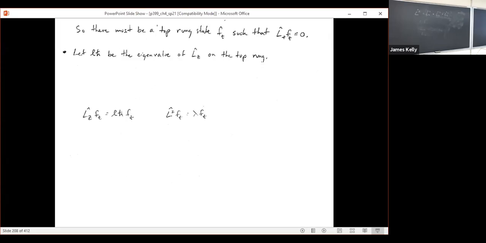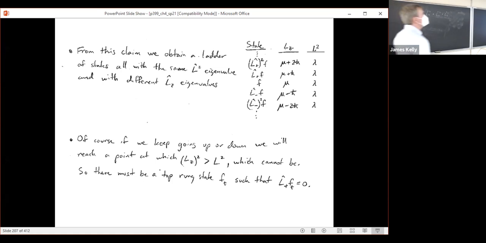So we are going to assume that there must be some top rung to the ladder, which is defined by, if you try to go up one, you get the zero function. What that means is, if we apply L plus to this top function, we still get a multiple of the top function, but the multiple would be the zero multiple, and therefore the new function we get from it is not an allowed eigenfunction.